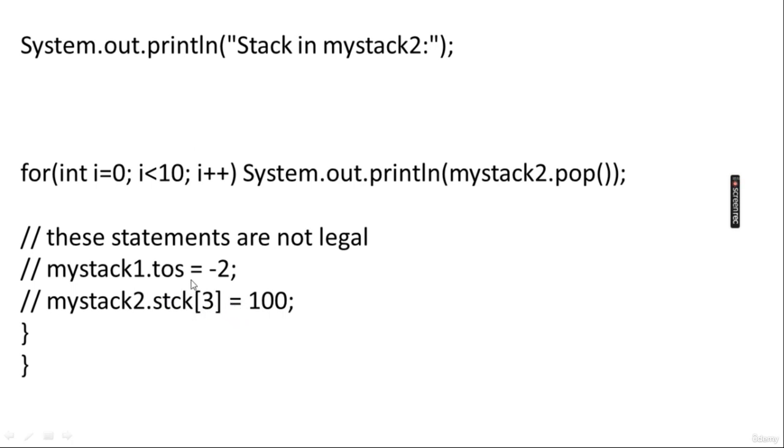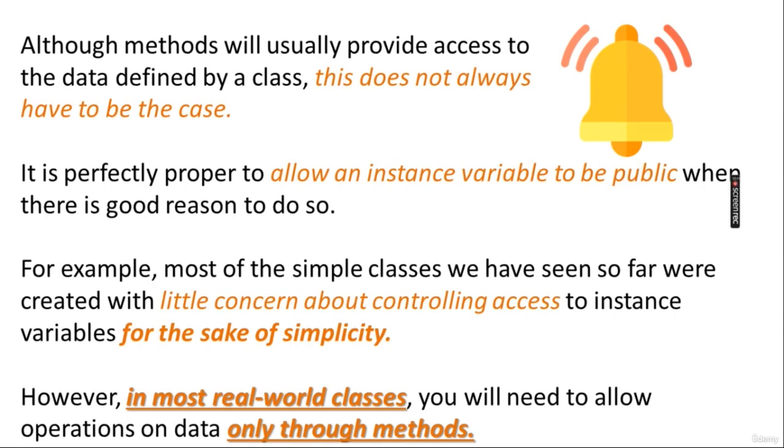So this is a malicious operation done by a malicious person or wrong person, who is trying to modify the stack. Here there are only numbers, but you may have confidential data that should not be modified. For that case, we have declared it private and this also private. Although methods will usually provide access to data defined by a class, this does not always have to be the case.